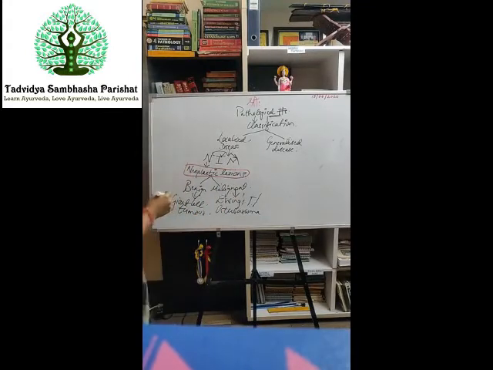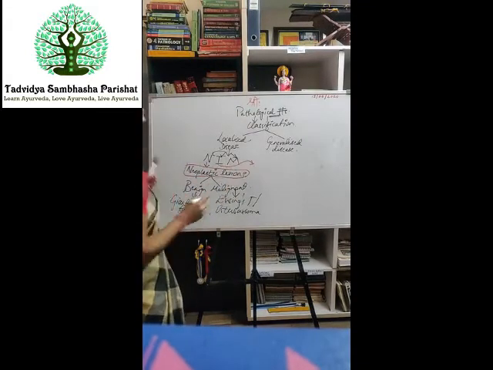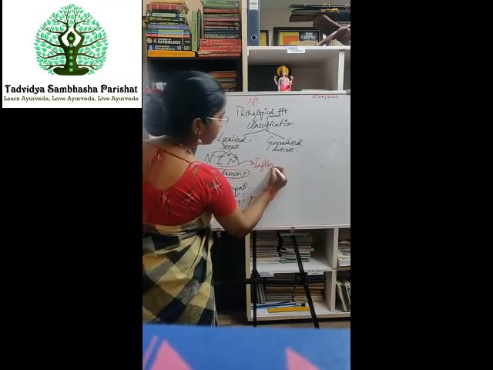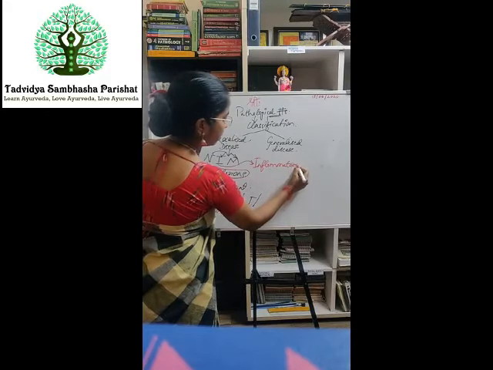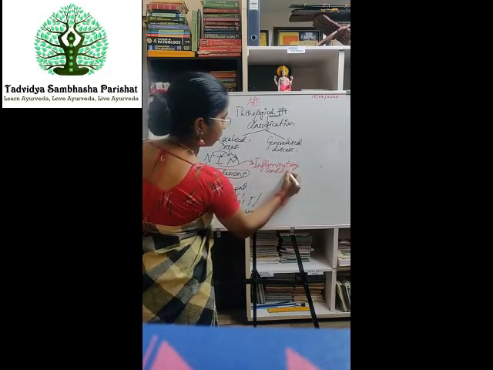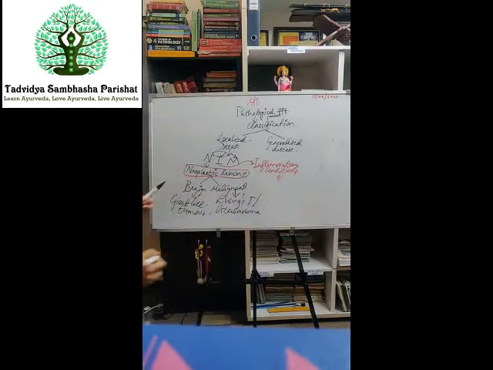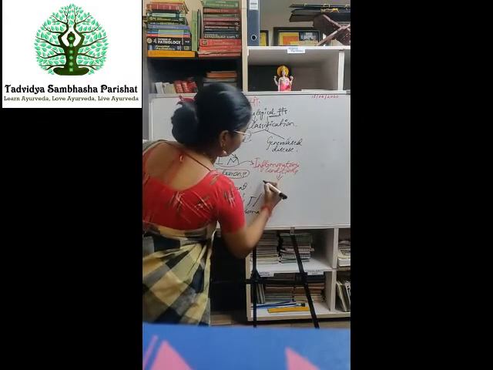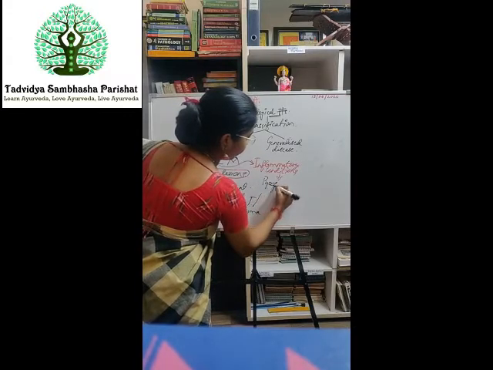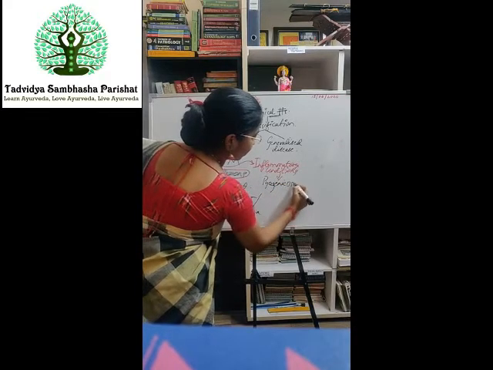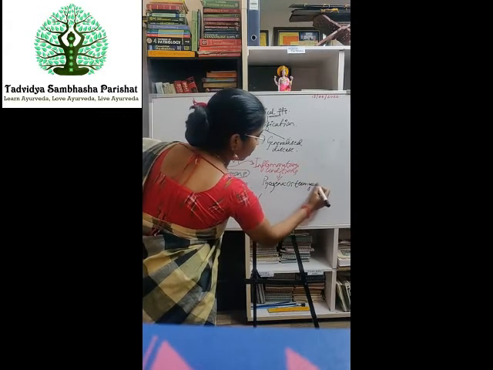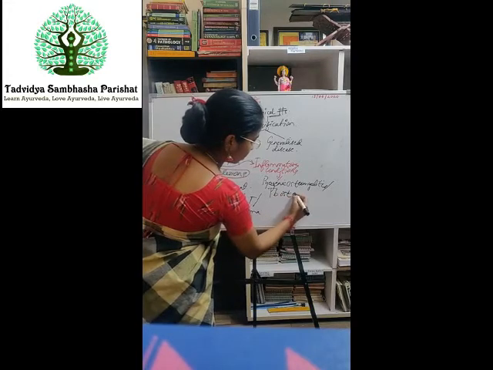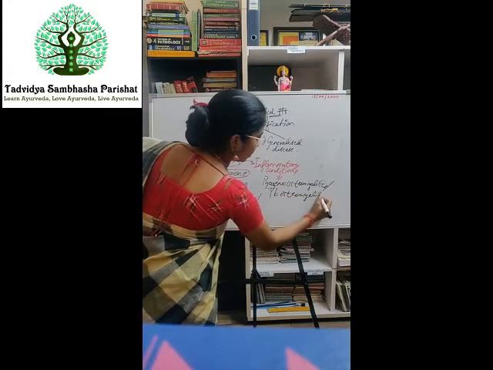Next we go for I. I refers to inflammatory conditions. To quote examples under this, you can have pyogenic osteomyelitis or tubercular osteomyelitis.